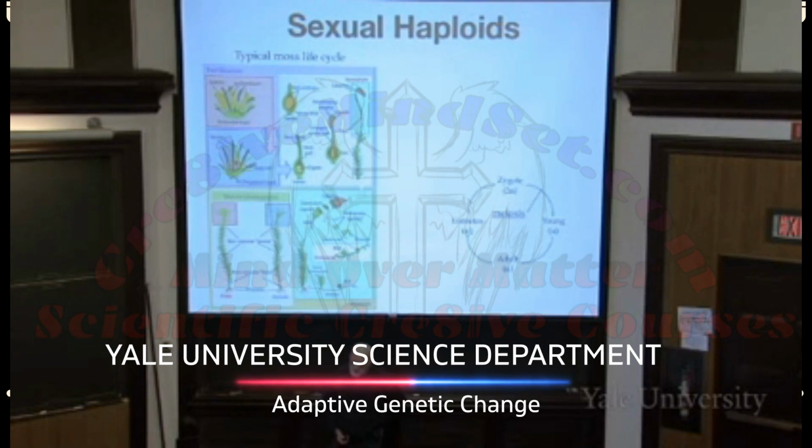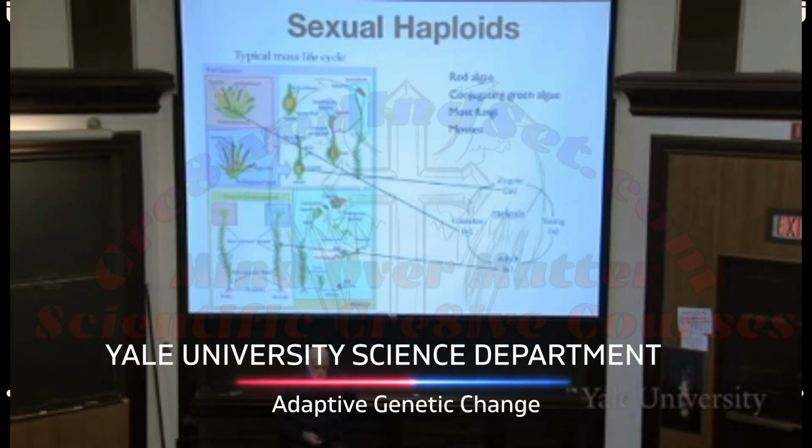Sexual haploids are things like moss and red algae. Most fungi are sexual haploids. In this case, you can see that's where the haploid adult is in the life cycle. There are where the gametes are formed. They are formed up on the head of the adult. You can see the pink and the blue are coding for the male and the female gametes on different parts of the gametophyte.